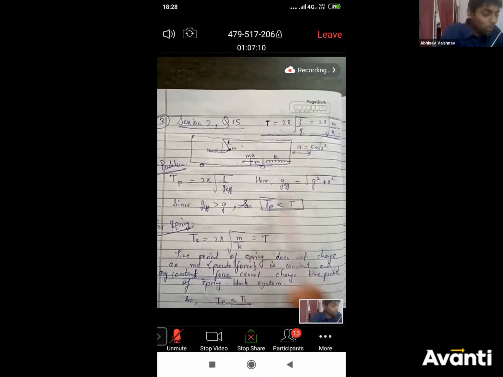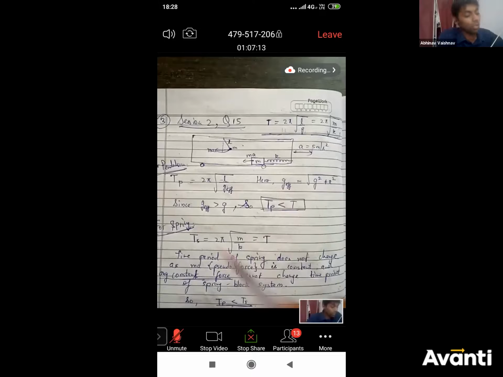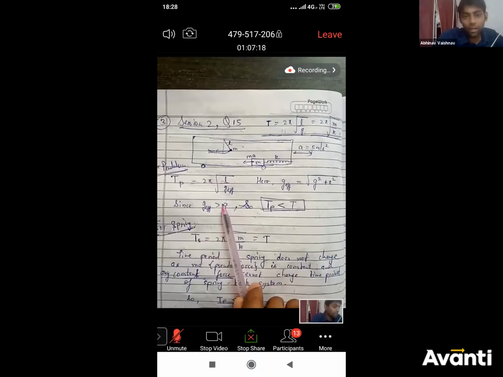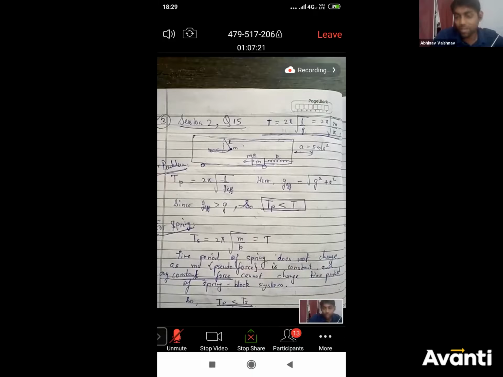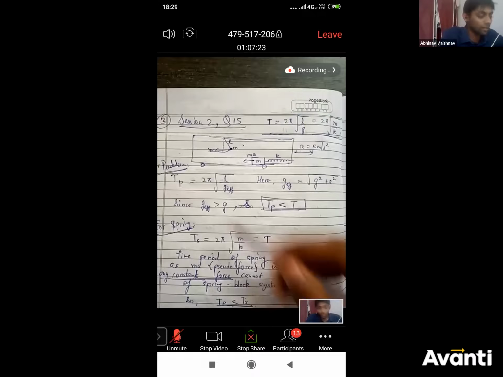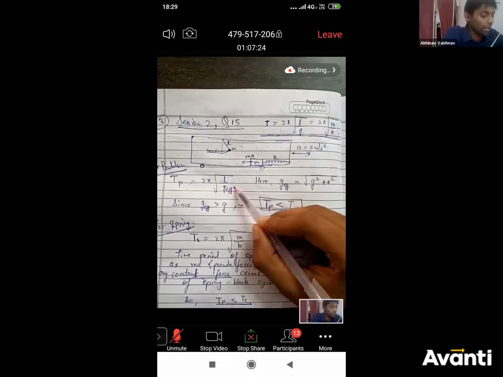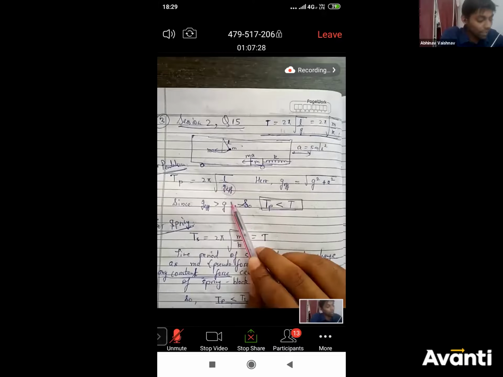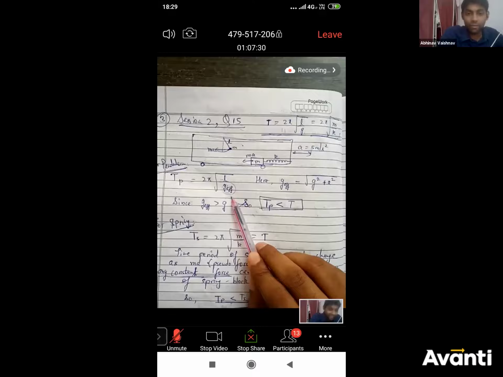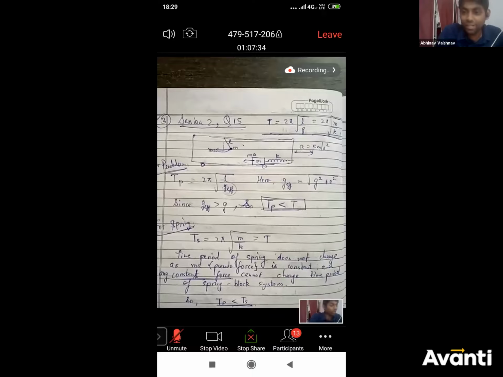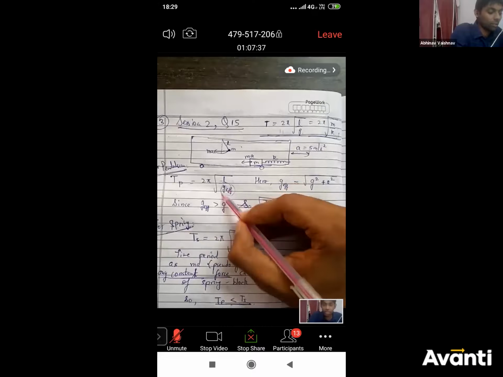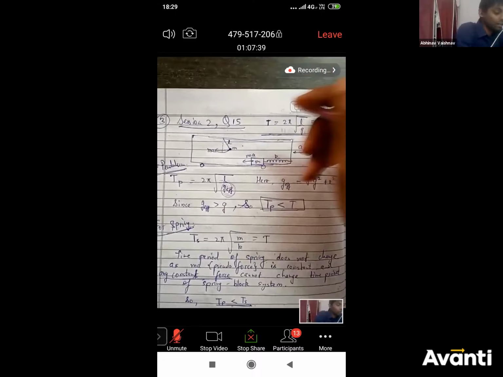If we talk about the pendulum, we know the time period of a pendulum is 2 pi root L by G only if it is in an inertial frame, if it is not accelerating. If it is accelerating, then you have already studied that the time period is 2 pi root L by G effective, right? And everyone knows how to find the effective value of acceleration due to gravity. You have done similar questions when it is accelerating.